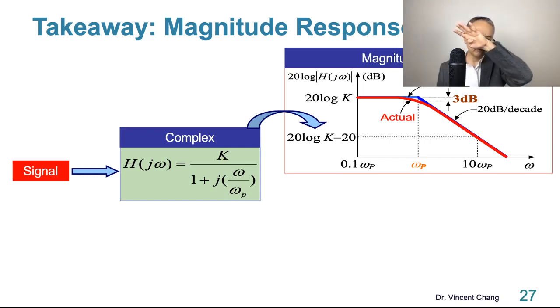You can also know the actual diagram in this way, right? And the biggest difference between the actual diagram and the Bode diagram is located at the pole frequency, which is also called the 3 decibel frequency. So we have come to the end of the lecture. Thanks for watching.